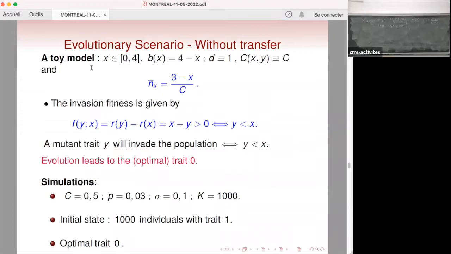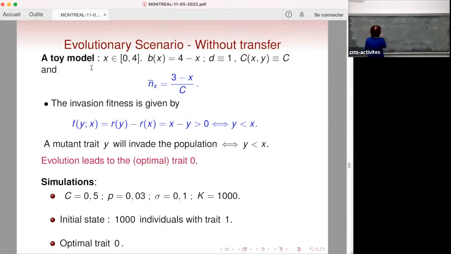The mutation is a Gaussian with a variance sigma squared, and we have initial individuals with trait 1. So at the beginning, x is equal to 1. The population size is K times n bar 1, that is 1,000 times r of 1.